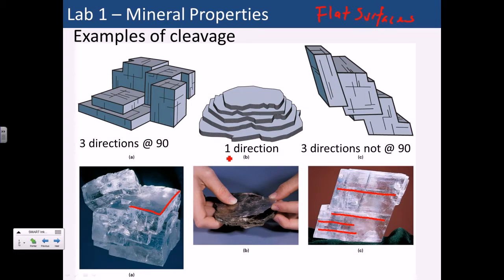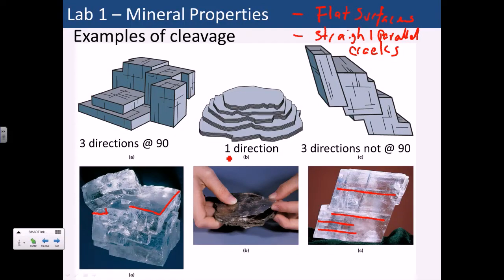Cleavage is not an irregular fracture. Okay, so we see straight, parallel cracks or fractures. Okay, so we have 1, 2 features. The next thing you can look for are stair steps, and we see examples of those here.